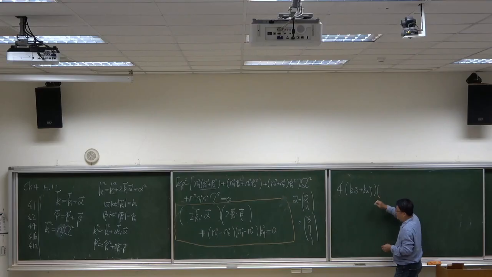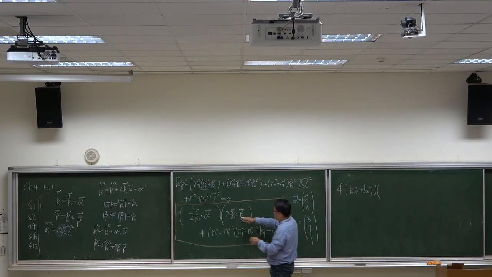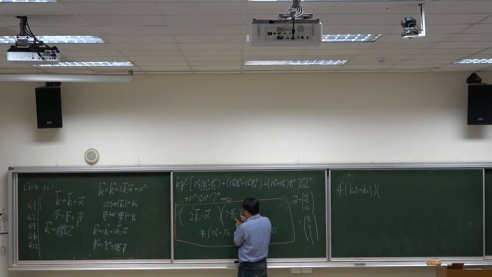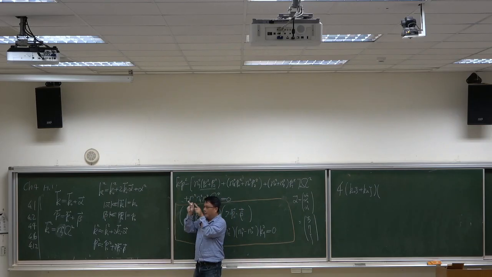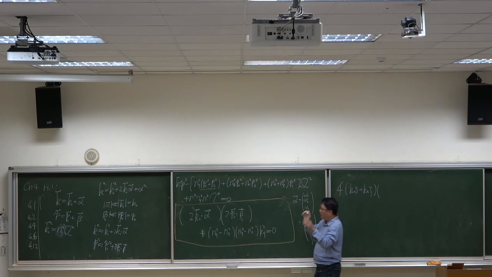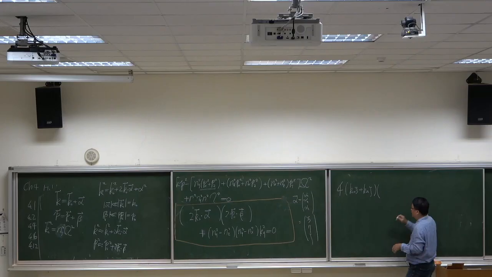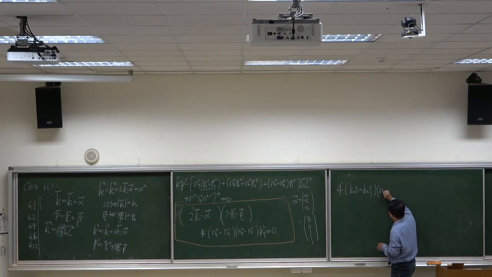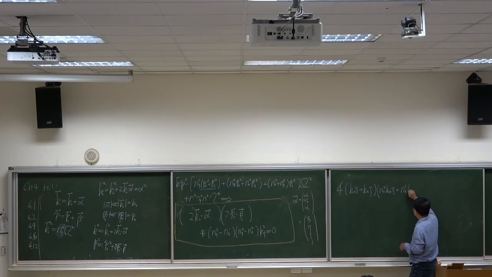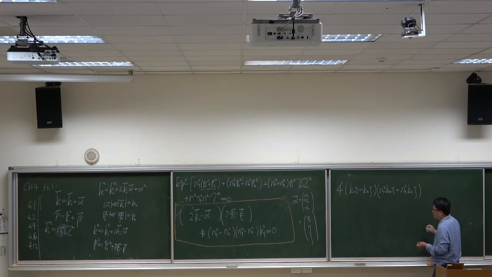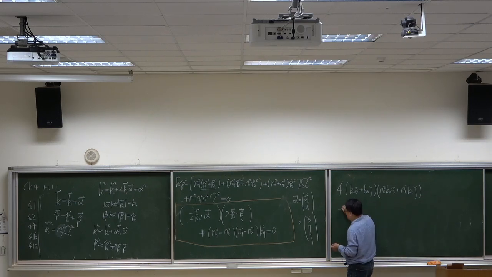And how about this part? Both p and beta have the nx, ny, nz factor. So now we have nx squared k naught x cos plus nz squared k naught z zeta. Okay, and finally we have this.